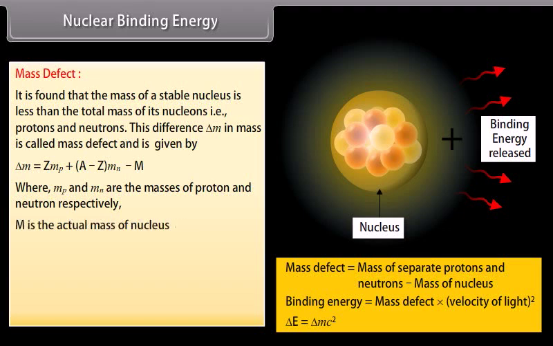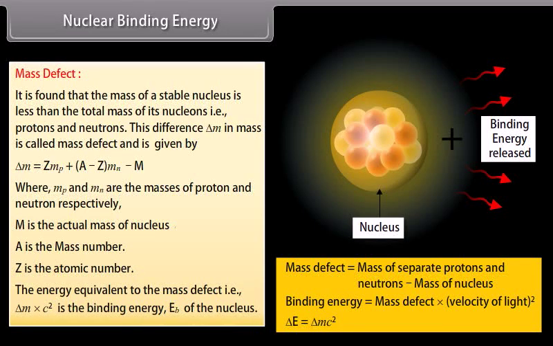M is the actual mass of nucleus. A is the mass number. Z is the atomic number. The energy equivalent to the mass defect, that is Δm c², is the binding energy, EB, of the nucleus.